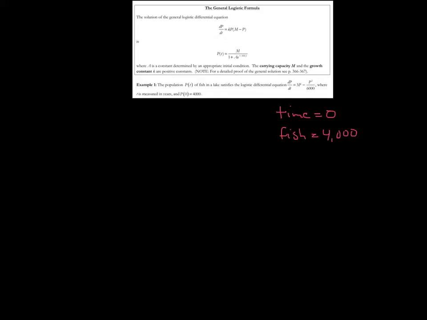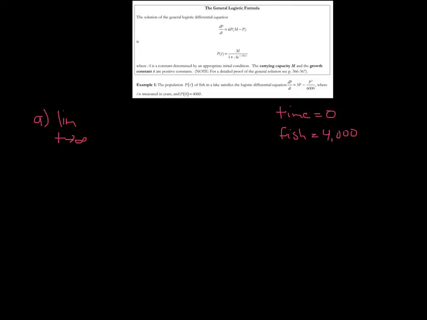Part A asks you to find the limit as t approaches infinity. In other words, what is the maximum value? As time approaches infinity, what is the limit of the number of fish that you can have in this lake?